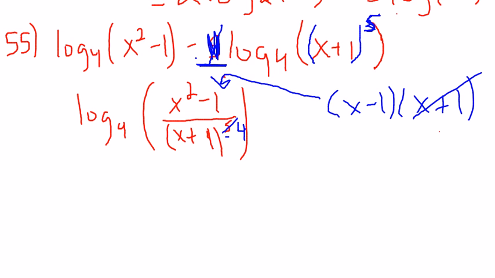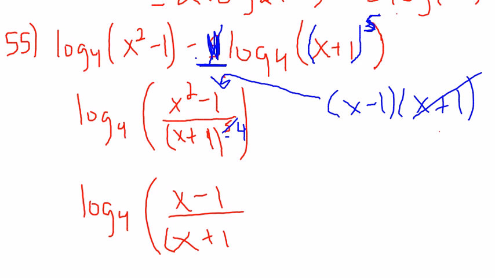So back to red, that gives me, and this is the final answer, log base 4 of x minus 1 in the top, and x plus 1 to the fourth in the bottom. That's it.